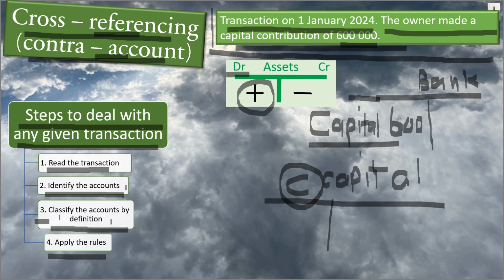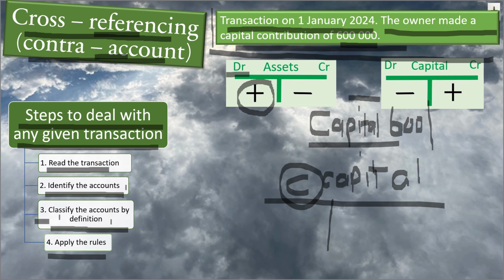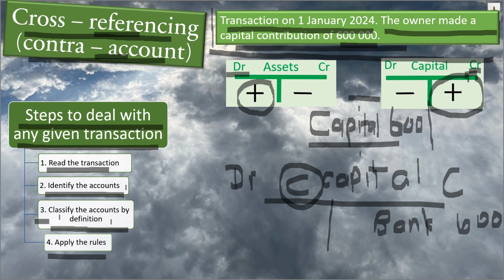Now what happens with capital is, the rule says, and I'll have to rub that bank account out again, but the rule says if the value of the capital increases, the account must get credited. So on the credit side of capital, you will have bank 600,000. Remember from the previous slide, the left hand side is the debit side and the right hand side is the credit side.